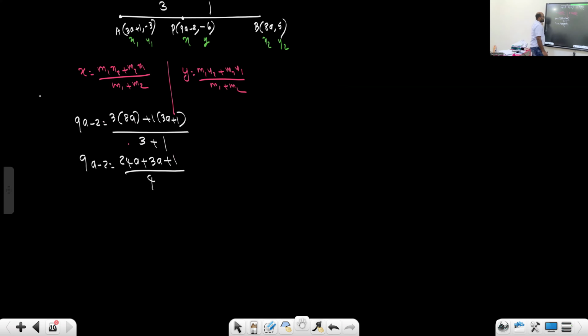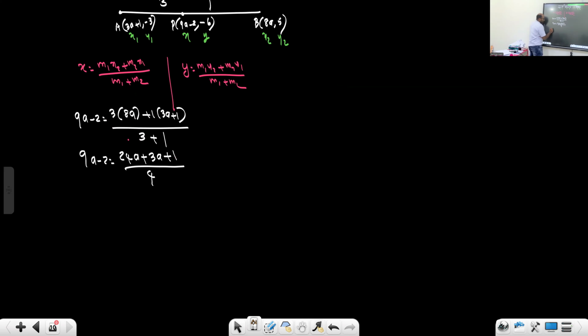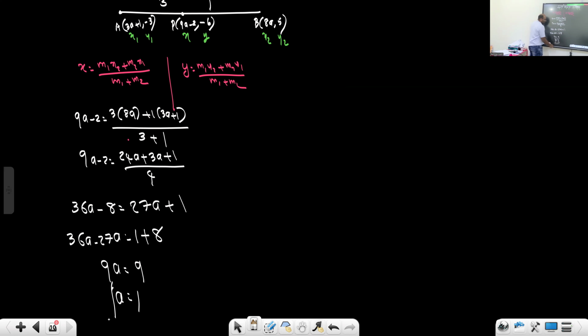Now cross multiplication. 4 into 9, 36A minus 8. Don't forget to multiply both. 27A plus 1. 36A minus 27A equal to 1 plus 8. 9A equal to 9. A how much? 1. Some people are telling 3, 4 like that and all. Addition subtraction company won't be responsible.